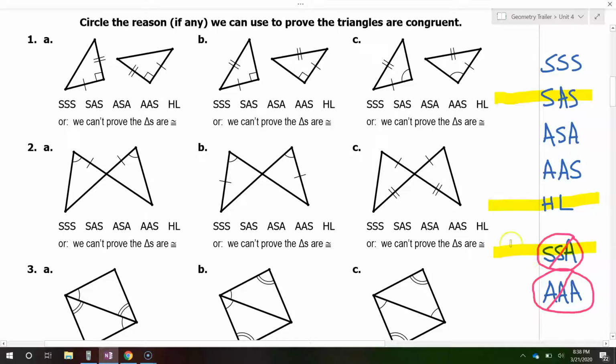All 3 of these involve 2 sides and an angle. Now, let's start with hypotenuse leg. Hypotenuse is something that only a right triangle has. So, are these right triangles? Yes. So that means this is a possibility.